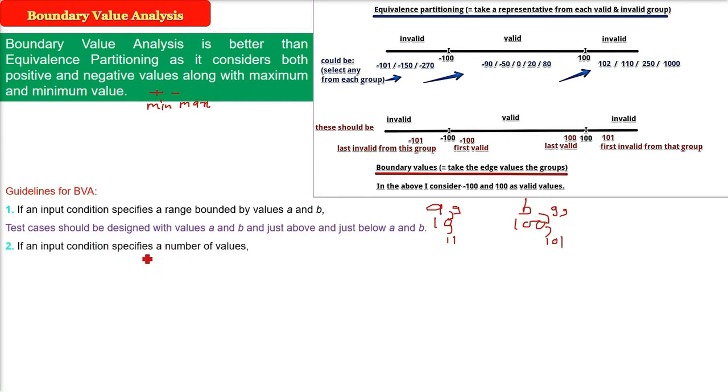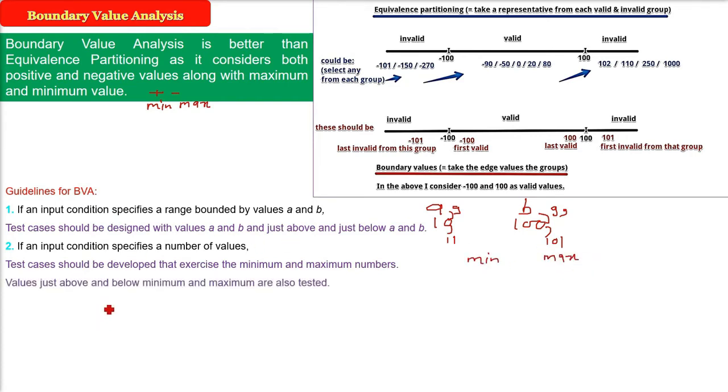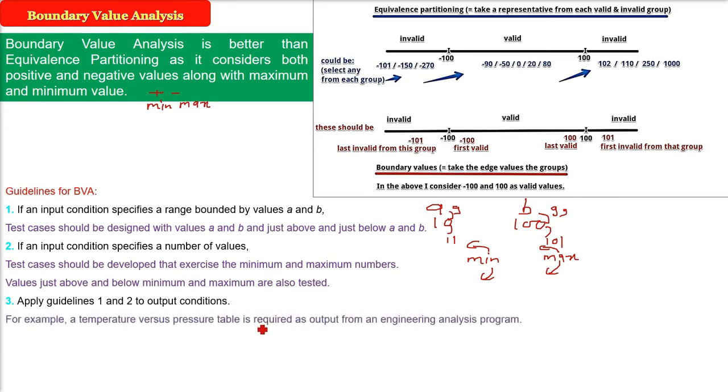If an input condition specifies a number of values, then you will take the minimum and maximum numbers and use test cases for the minimum and maximum, and the values just above and below the minimum and just above and below the maximum.